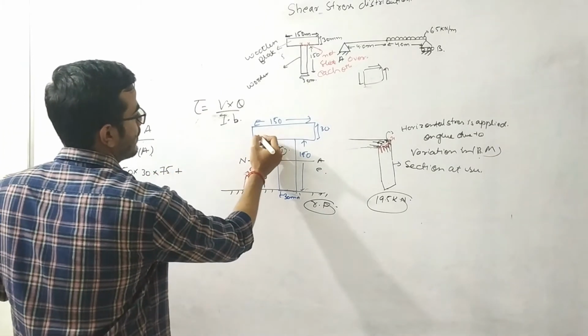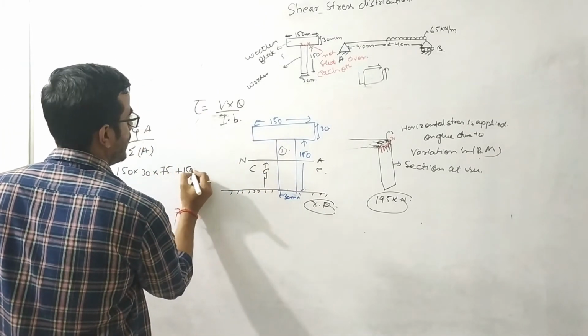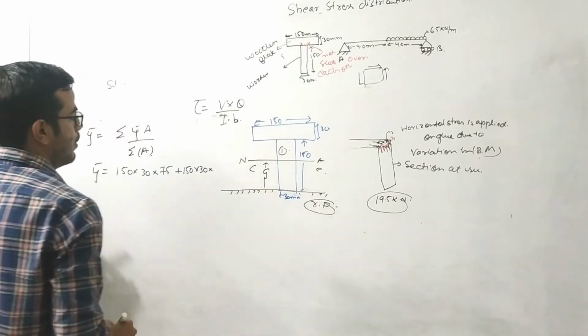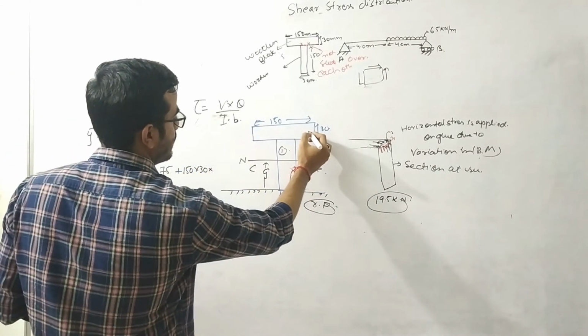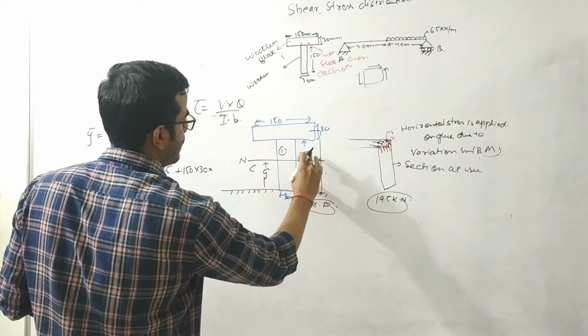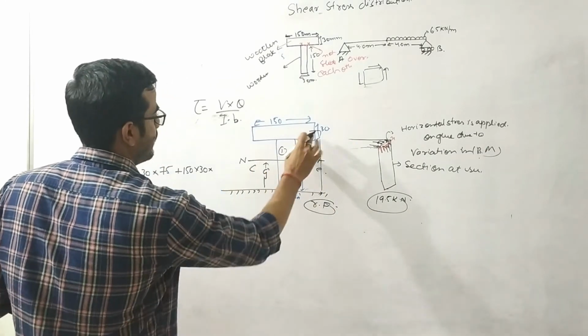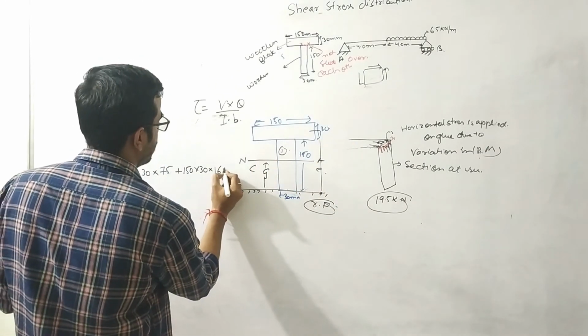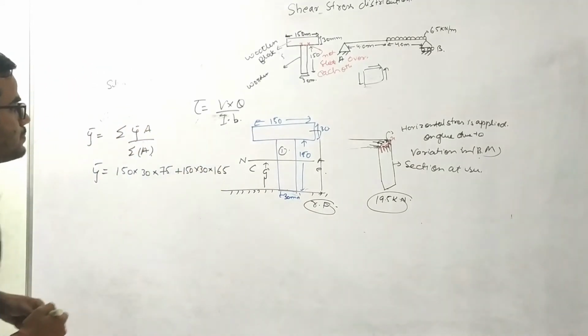Plus, again I will consider this topmost area, 150 into 30, whose centroidal distance will be 150 plus 15, that is 165.